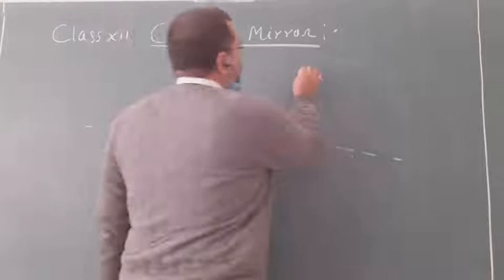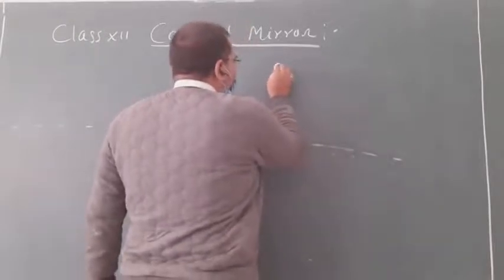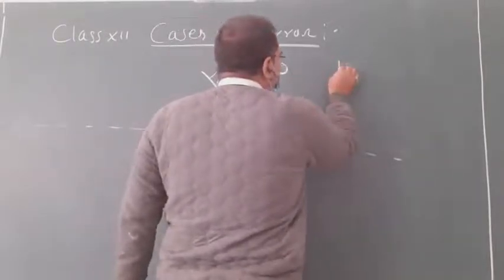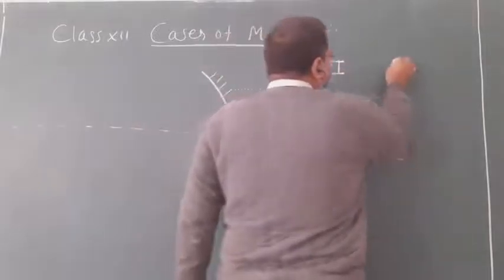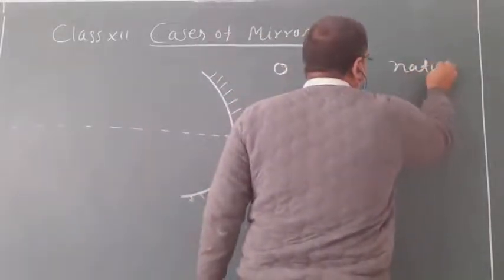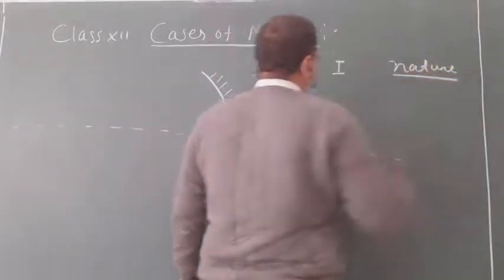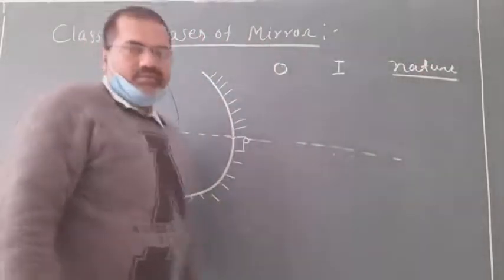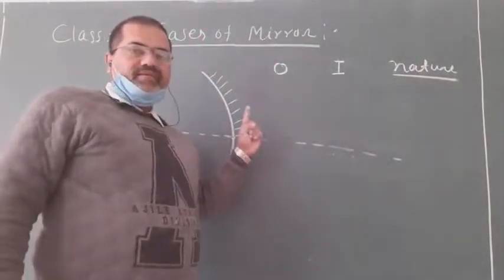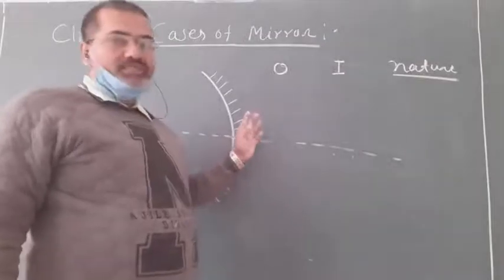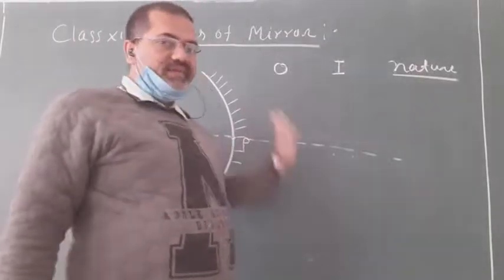Here we write object, image and nature. First of all, we will discuss when object is real.